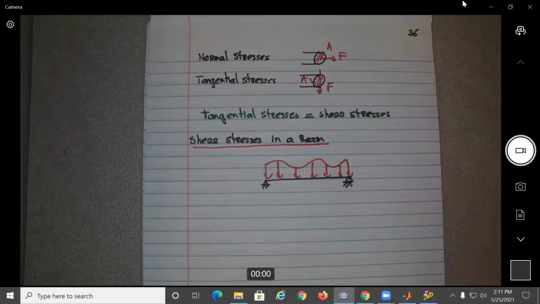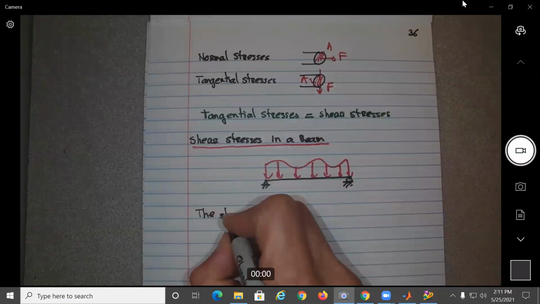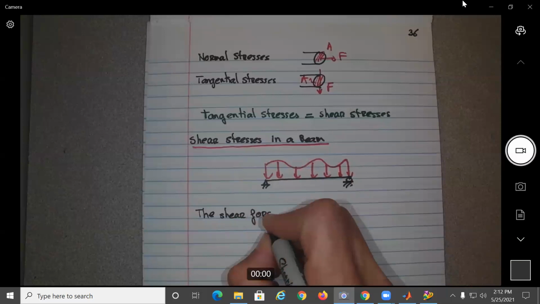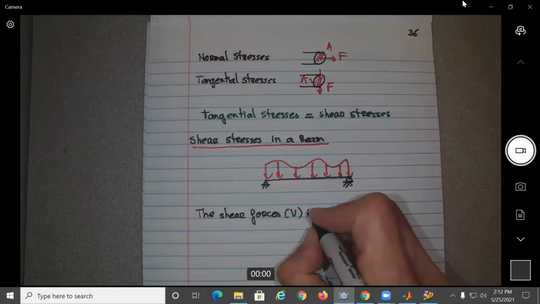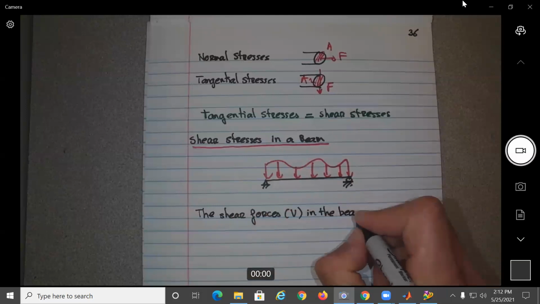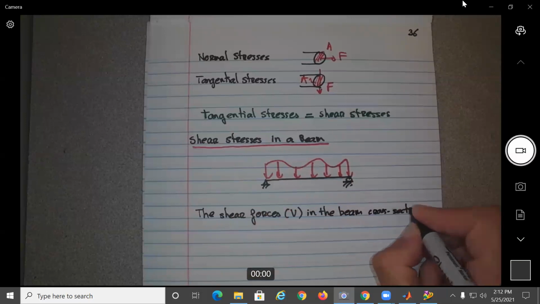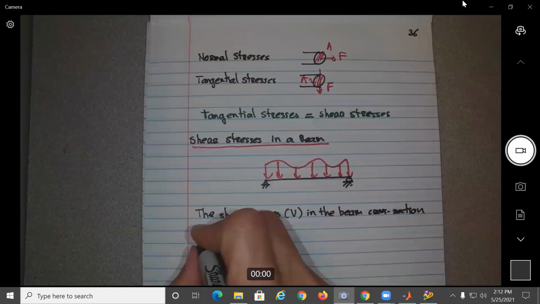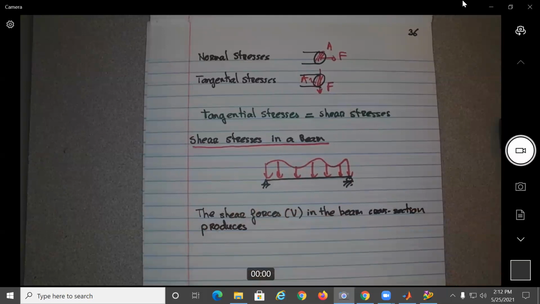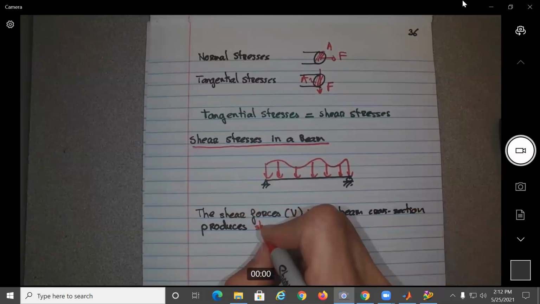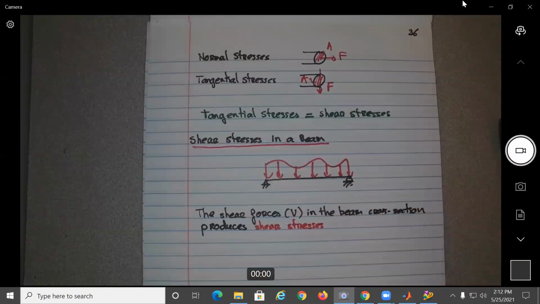So here we say the shear forces, which basically means those V that we calculated in the beam cross section, produces shear stresses.